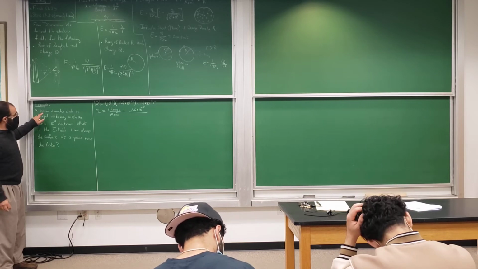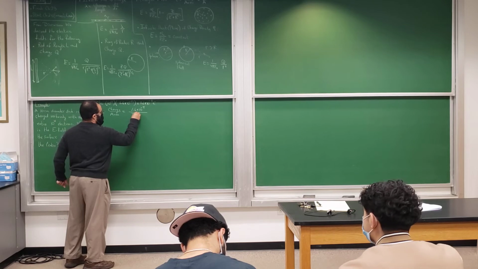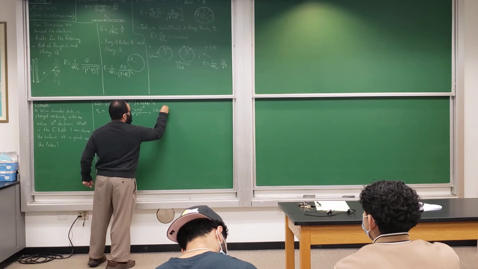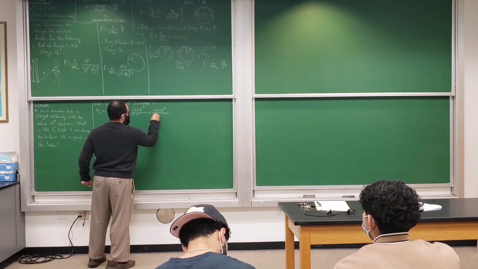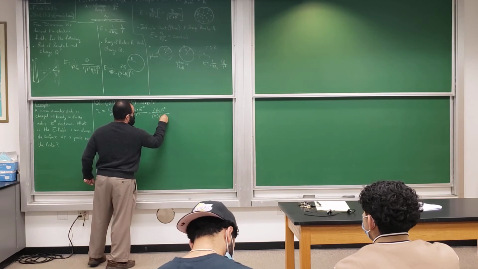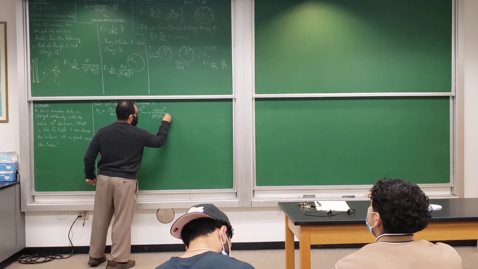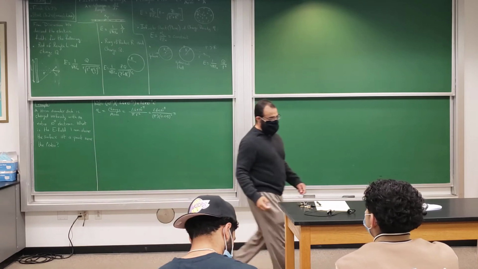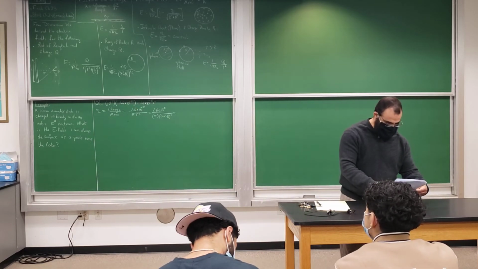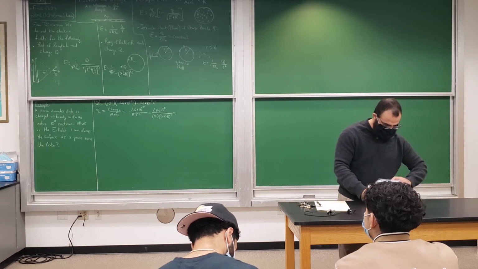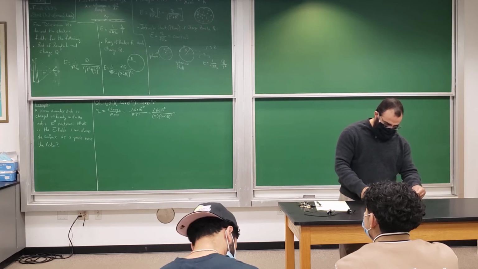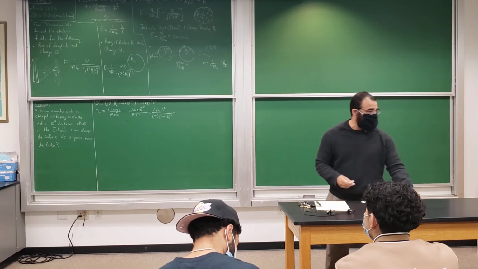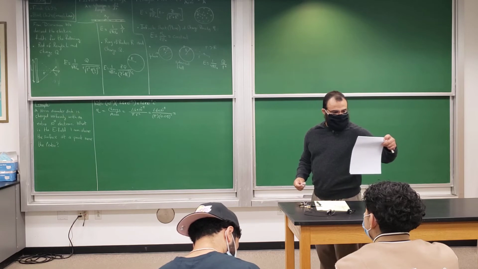So I get 1.6 times 10 to the minus 8 over pi times r squared, where r is half of 10 centimeters, so 0.05 meters squared. I think it's 2.04 times 10 to the minus 6.